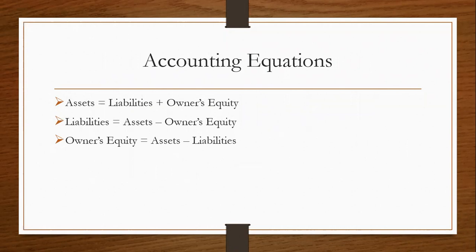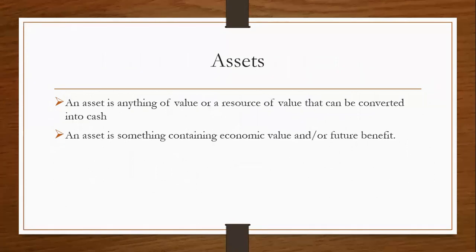All right, so let's define asset. Asset is anything of value or a resource of value that can be converted into cash, or something containing economic value and or future benefit.